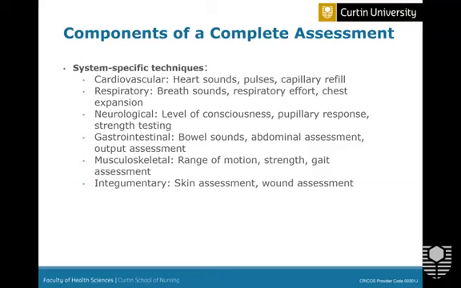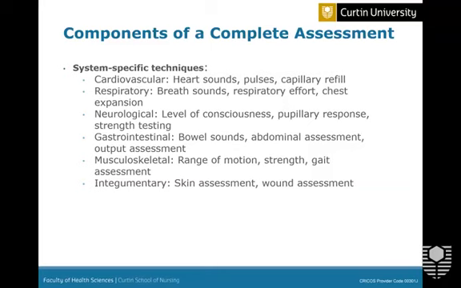A neurological assessment tells us about levels of consciousness, pupillary responses and strength testing. Gastrointestinal assessment tells us about bowel sounds, abdominal assessment, output assessment. Musculoskeletal assessment tells us about a person's range of motion, their strength, their gait. And a skin assessment or integumentary assessment gives us a skin assessment as well as a wound assessment.